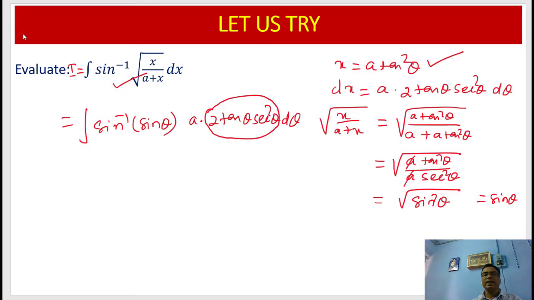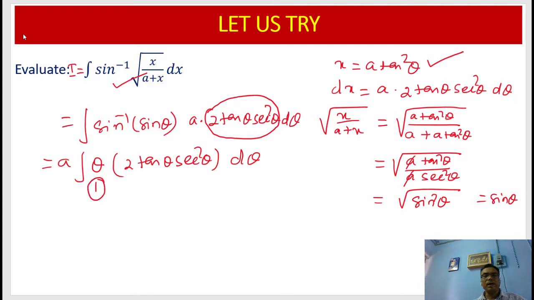So when I take integration of this, I will get tan square theta. Therefore I shall take this a out. It is theta into 2 tan theta sec square theta d theta. This is my first function and this is my second function.